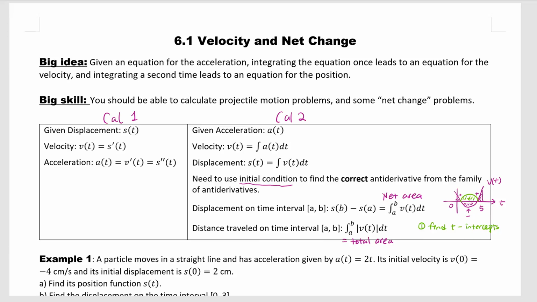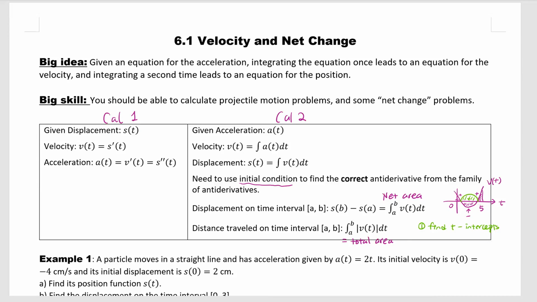After you find the t-intercepts, you see whether the area is positive, and then just add it. If the area is negative, then we subtract it.